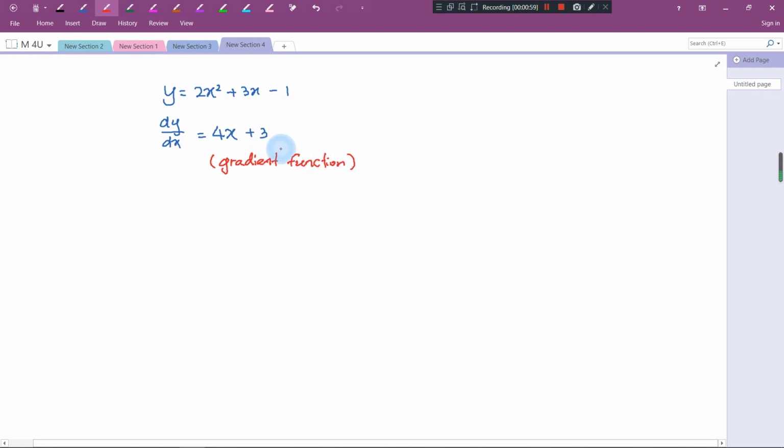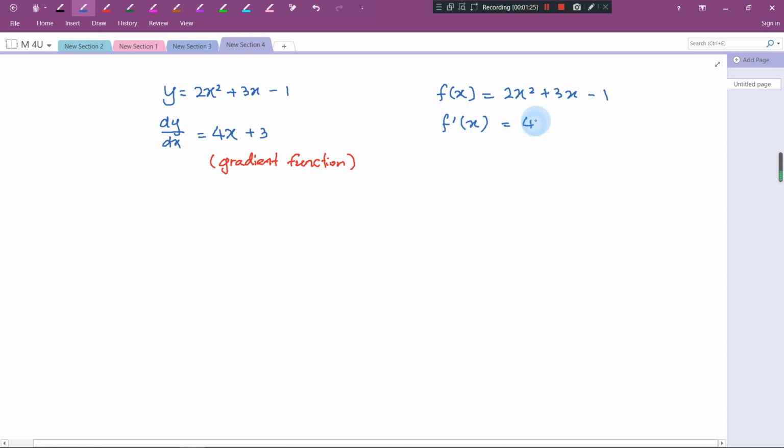Because this is a function that we can use to find the gradient of the tangent of this curve at any point. So if the question gives us f of x, for example, f of x is equal to 2x squared plus 3x minus 1, we represent the first derivative by using f prime of x.